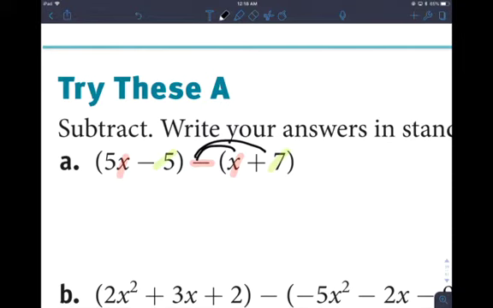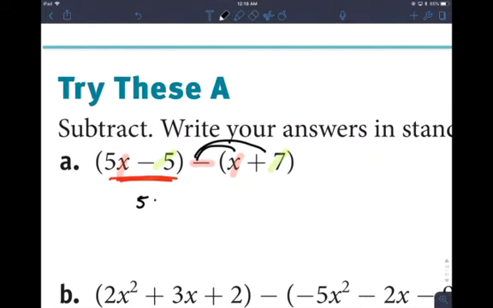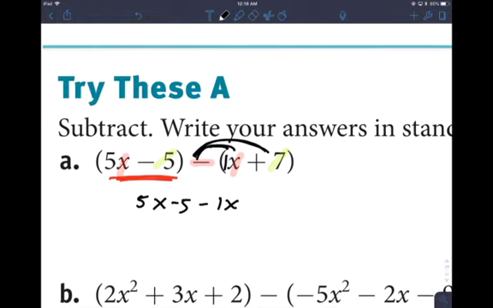Nothing is happening to these right here, so I'm going to simply rewrite them. 5x minus 5. When I distribute this, remember this is the invisible 1 in there. So negative and positive becomes negative 1x. Distribute that sign to that one. Negative and positive becomes negative, so it becomes negative 7.